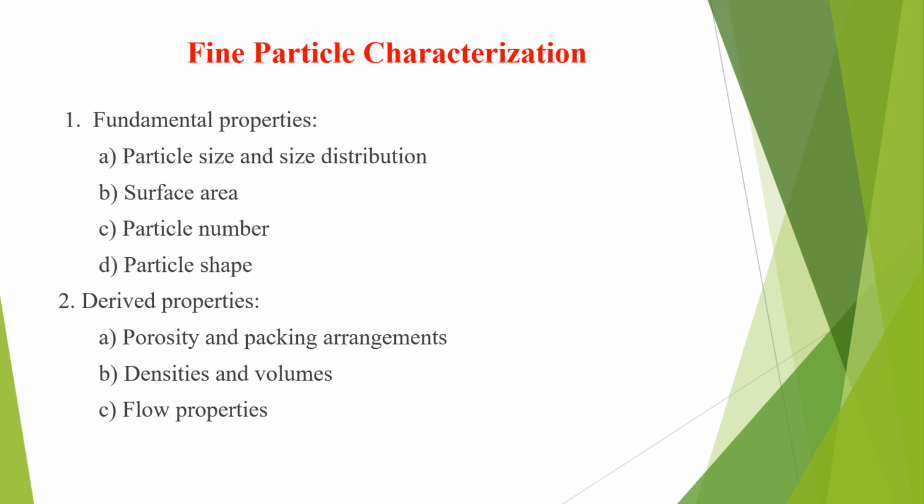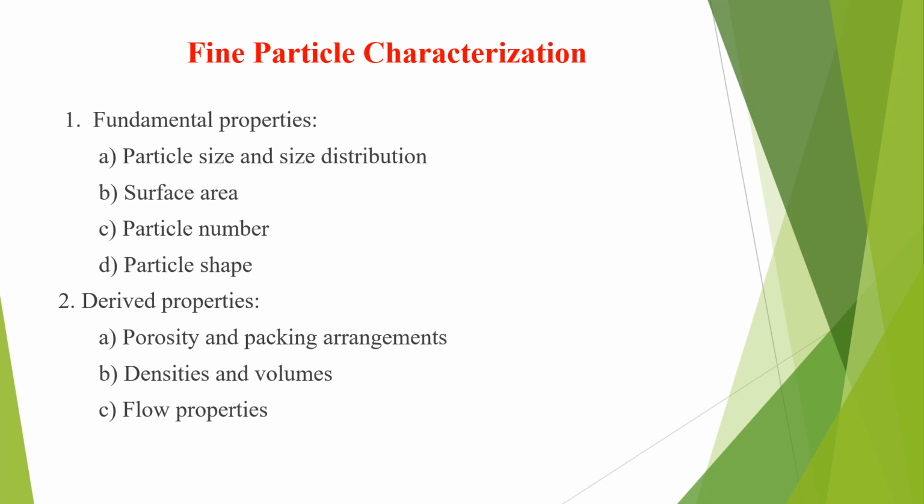Next, come to the derived properties. The derived properties contain porosity and packing arrangements, densities and volumes, and flow properties. The porosity and packing arrangement show open intraparticular space, closed intraparticular space, and interparticle space.